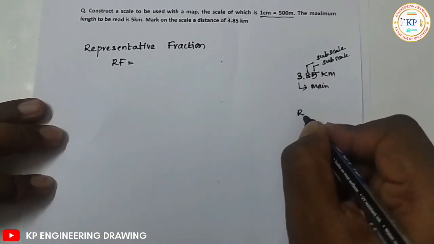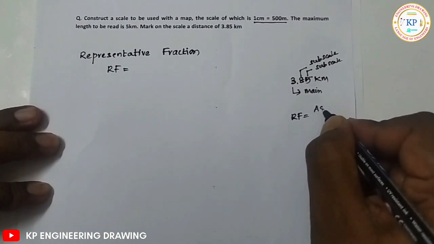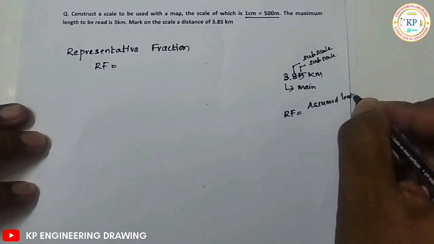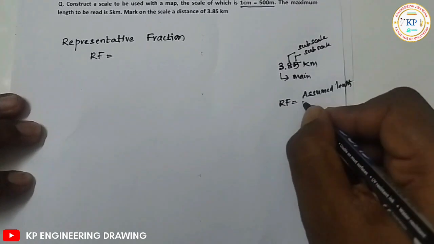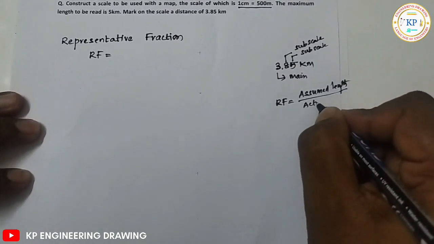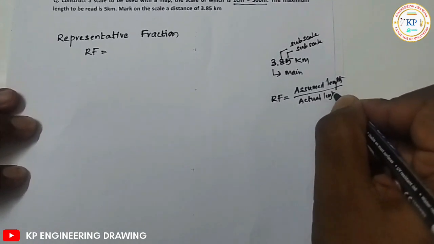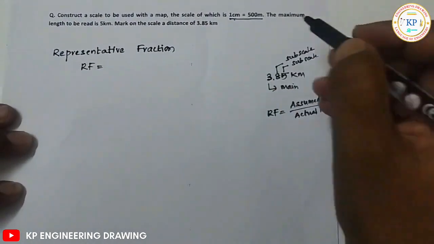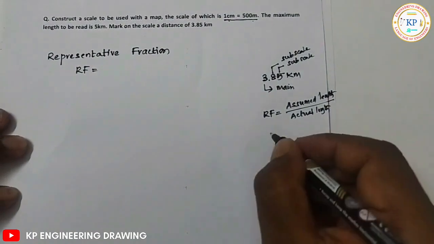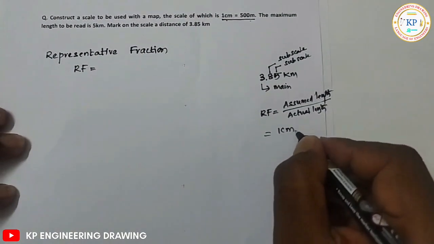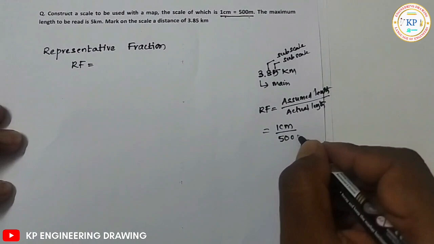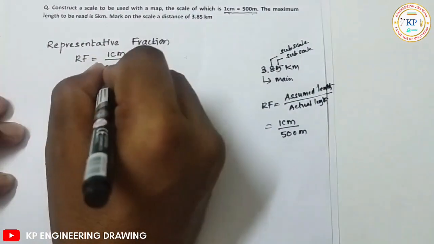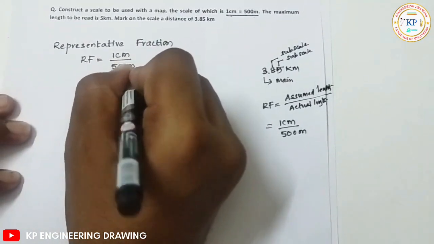So RF, already we know that RF is equals to assumed length by actual length. Here assumed is 1 centimeter and the actual is 500 meters. So RF will become 1 centimeter by 500 meters.